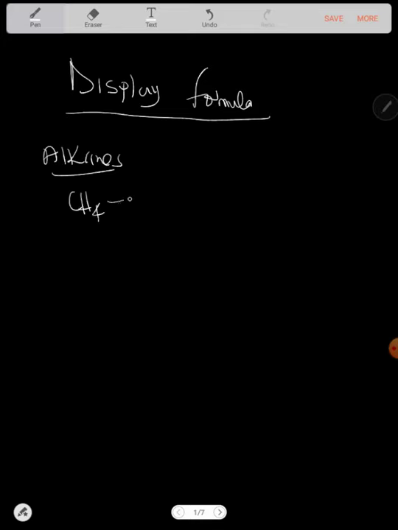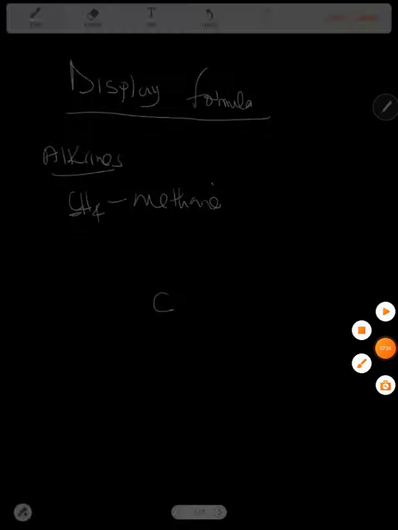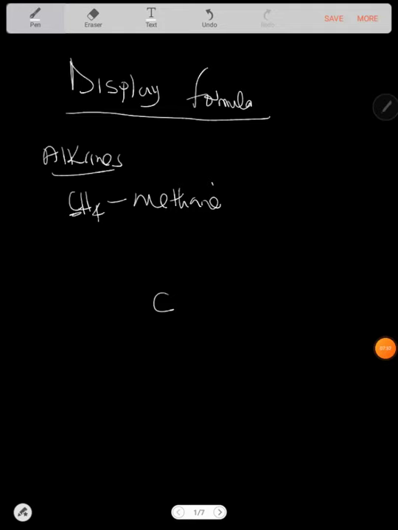How can you draw the display? This is your central carbon atom. You start with it. How many hydrogen atoms? 4. So we are going to have 4 hydrogen atoms like this. So this is the display for methane.